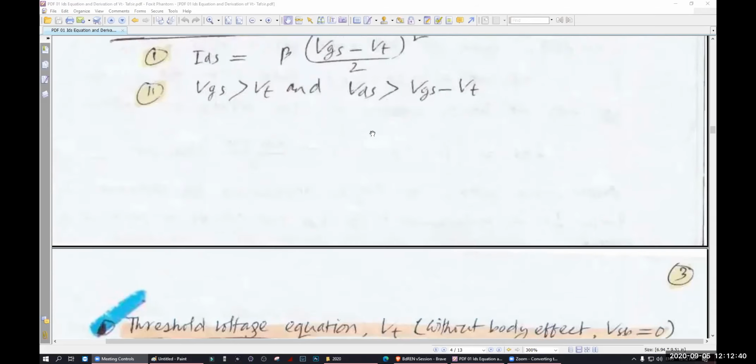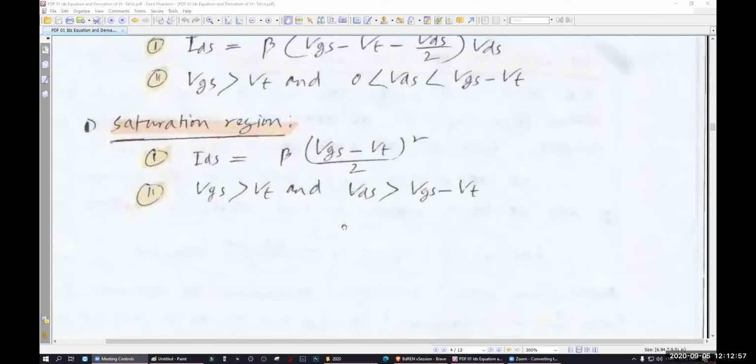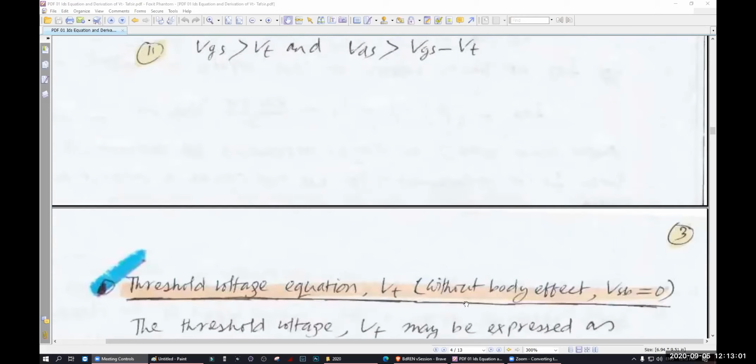The threshold voltage VT, we will derive later. We do not need it right now. We will consider it a constant up to this point. When we need it, we will derive it again. Until now, you should study up to these.